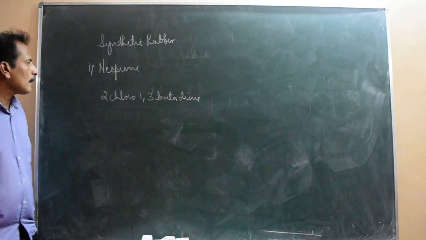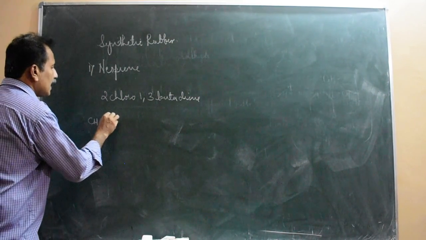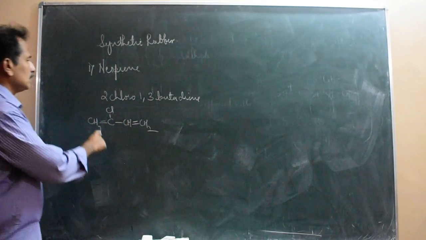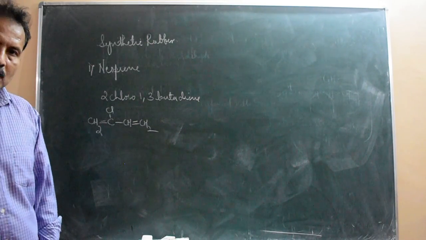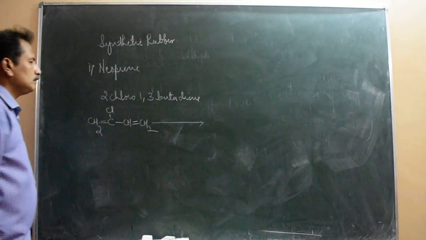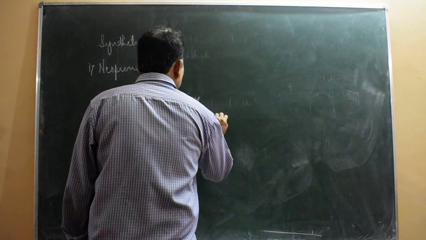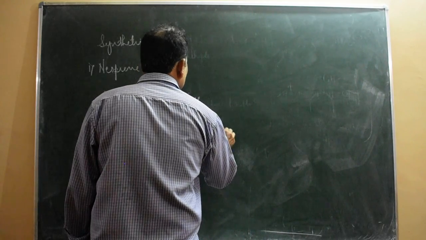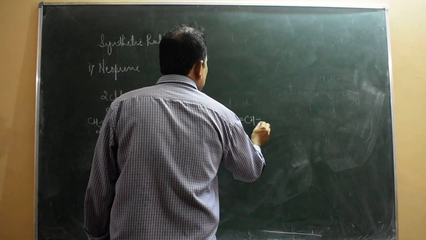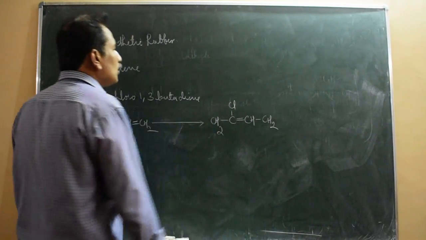Now suppose I take this: CH2 double bond C dash Cl dash CH double bond CH2. So this is 2-chloro-1,3-butadiene. Make it undergo polymerization, heated, so that you get a monomer like this.